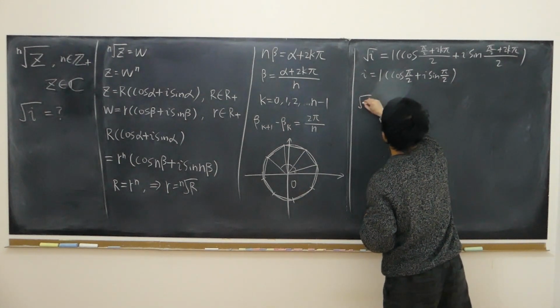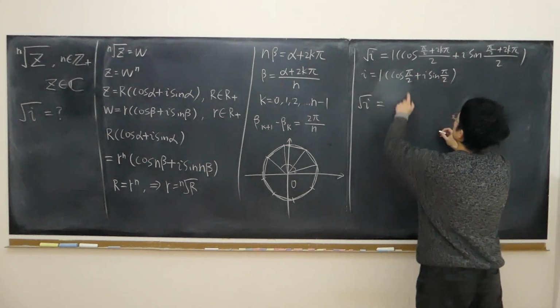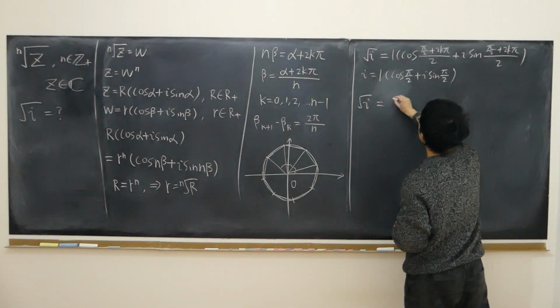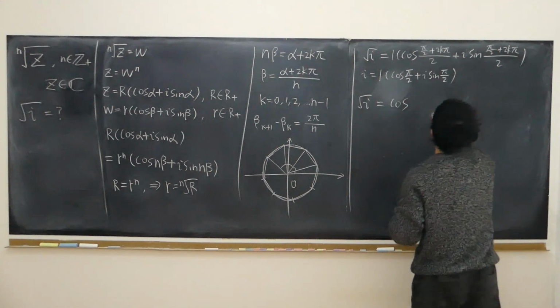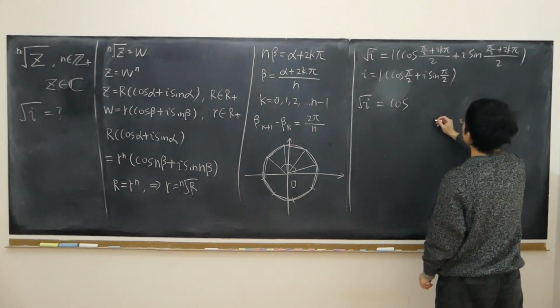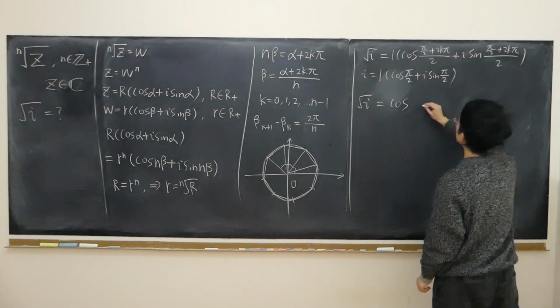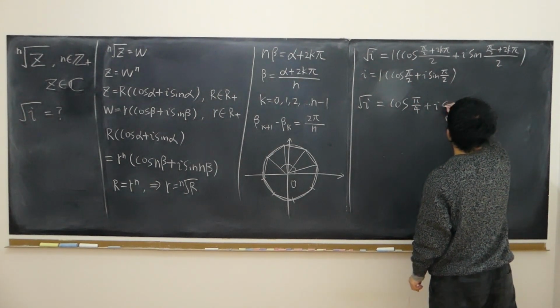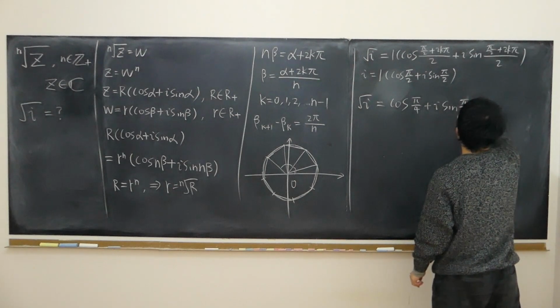So in this case, square root of i is really equal to, just omitting the 1 here, cosine of, when k is equal to 0, pi over 4, plus i sine pi over 4.